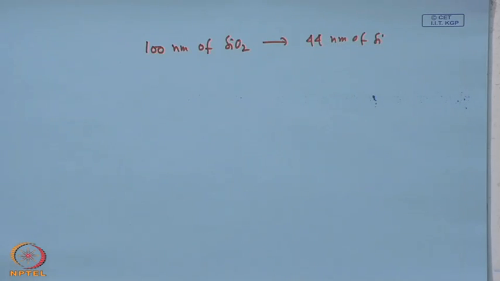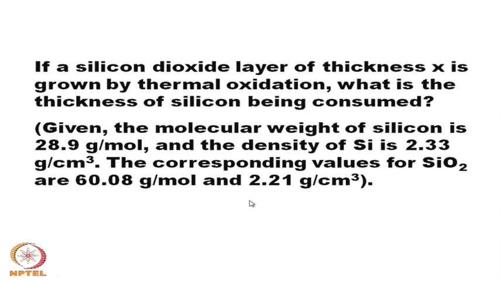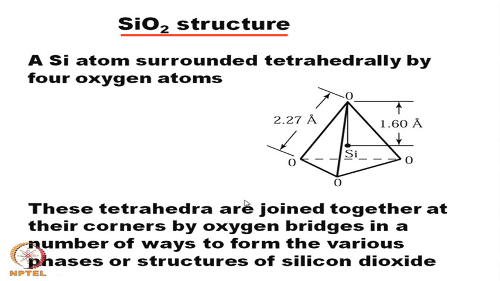Okay. So, that is the kinetics of growth for SiO2, and you see what the SiO2 structure is. In SiO2, a silicon atom is surrounded tetrahedrally by 4 oxygen atoms.